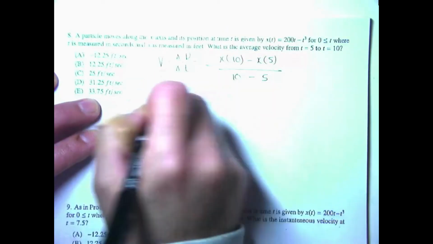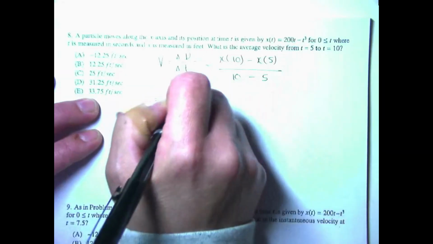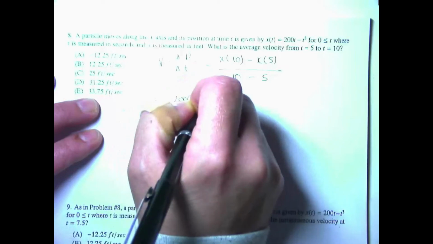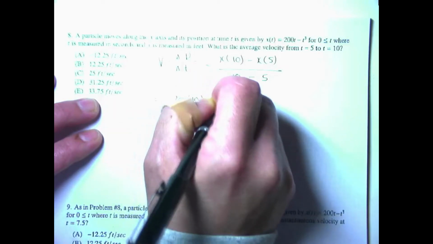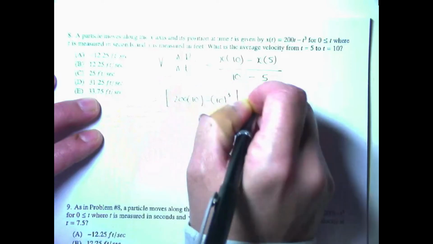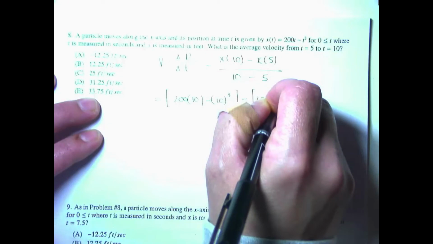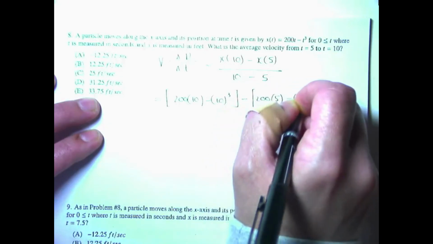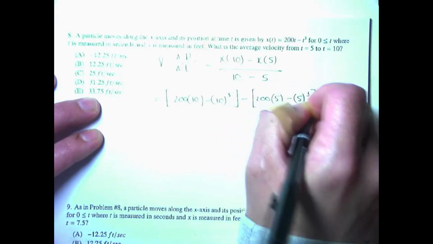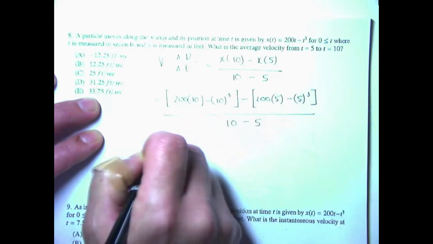All right, so here we go. This will be equal to, if I plug 10 in here, 200 times 10 minus 10 cubed, minus, if I plug in 5, 200 times 5 minus 5 cubed, all of this divided by 10 minus 5.